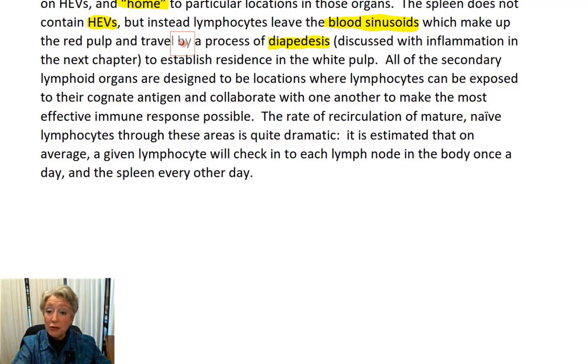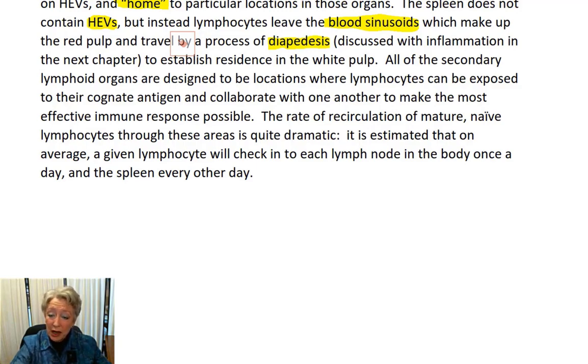And if the cells recognize their cognate antigen, that sets off a cascade of events of activation and cloning and so forth that we'll speak about in later modules. But the design of each of these organs is such that there can be maximum exposure to foreign substances and maximum ability to collaborate between the different types of cells that are necessary to make a fully fledged immune response.